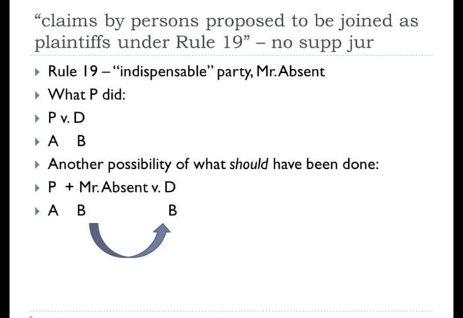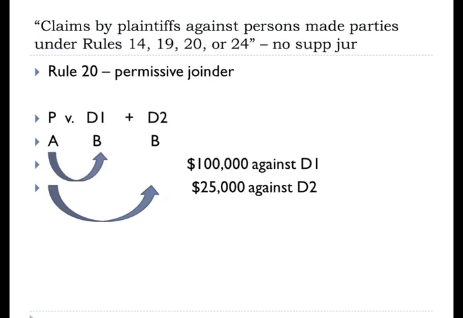And so we say, well, if Mr. Absent, once he gets thrown into this litigation as an indispensable party, as a plaintiff, tries to assert a claim against the defendant, now it is a claim by a person proposed to be joined as a plaintiff under Rule 19. That would be Mr. Absent, and there would be no supplemental jurisdiction over that claim.